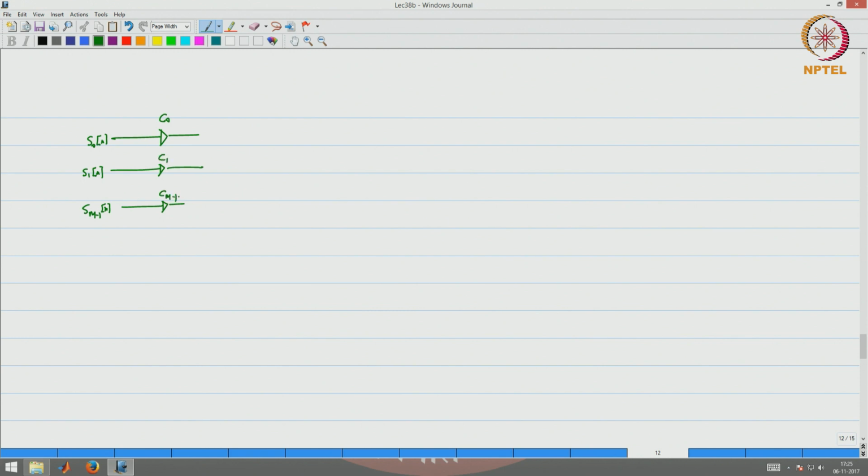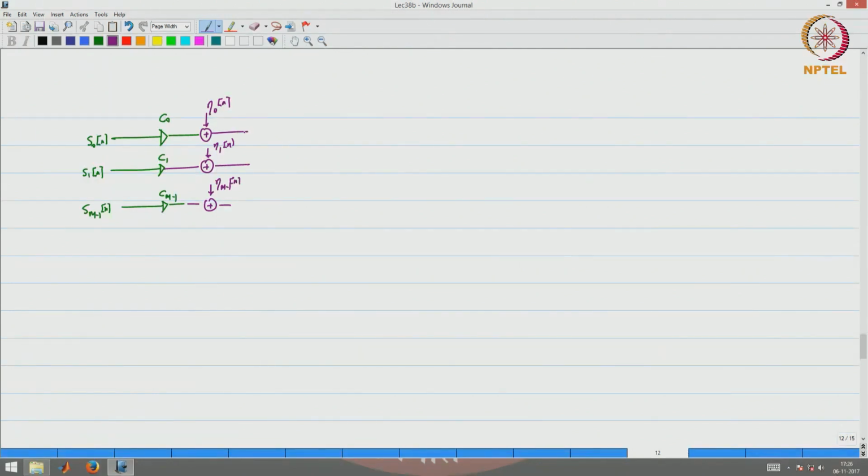That is all that is happening as far as the channel is concerned. There is a noise term getting added to each of these branches. This is eta naught of n, this is another addition term, eta 1 of n, and then the last one, eta m minus 1 of n.